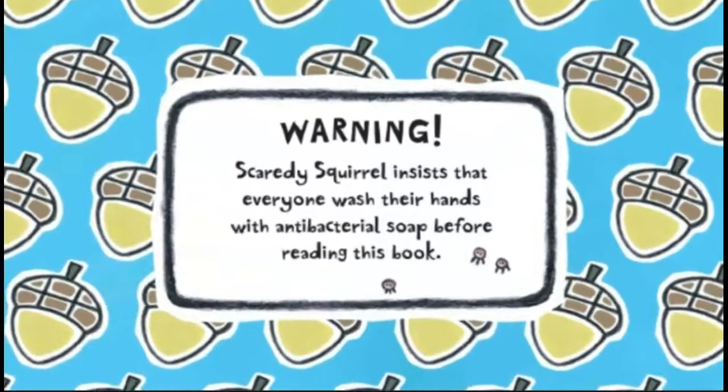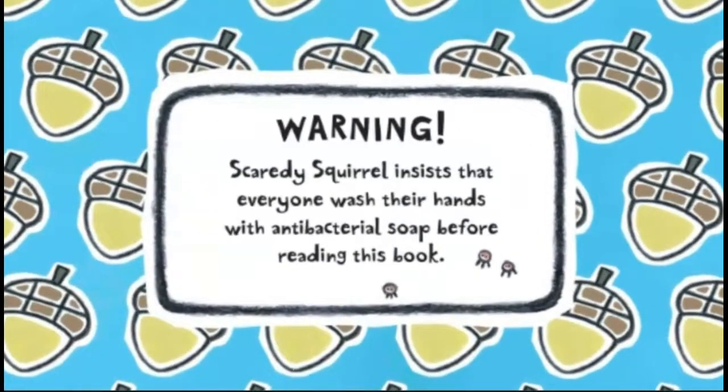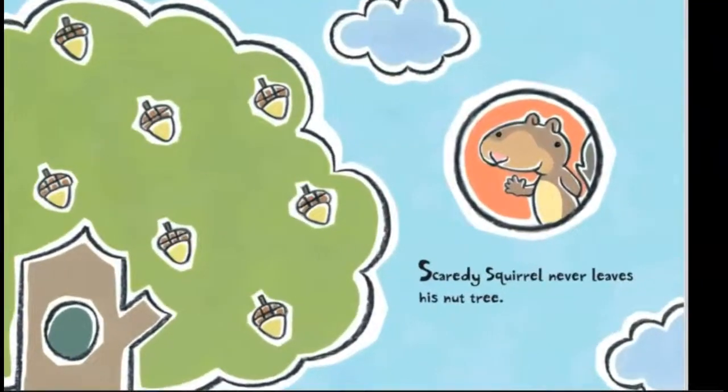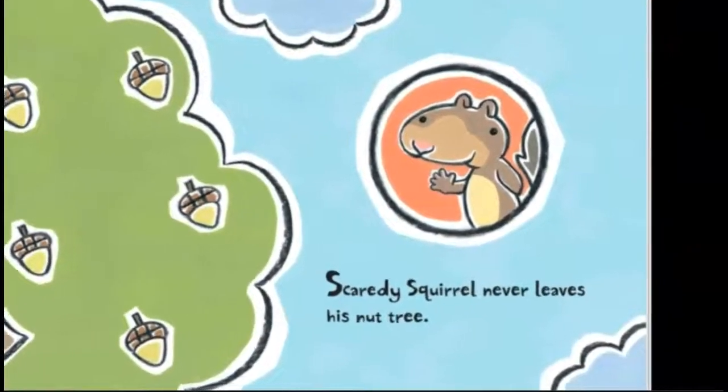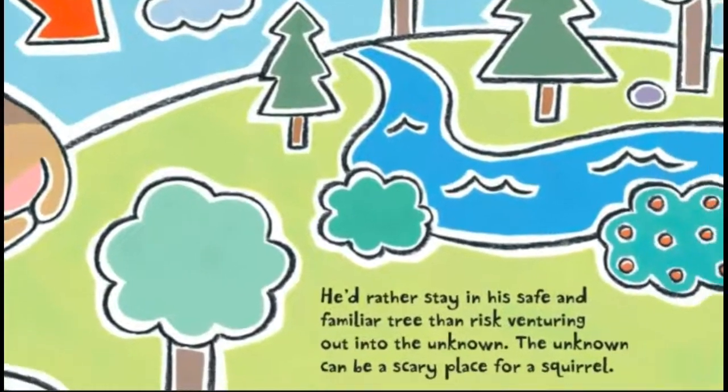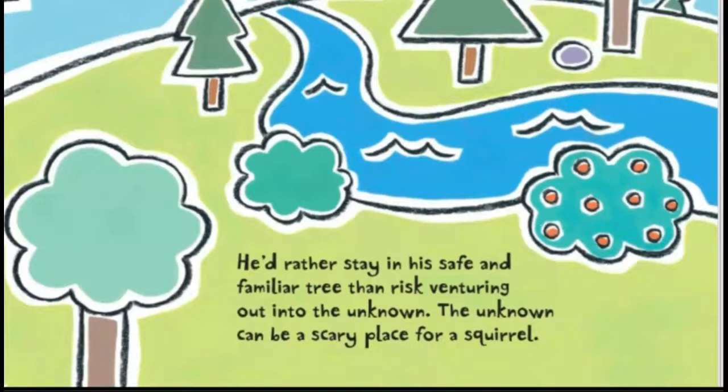Everyone wash their hands with antibacterial soap before reading this book. Scaredy Squirrel never leaves his nut tree. Why? The unknown. He'd rather stay in his safe and familiar tree than risk venturing out into the unknown.